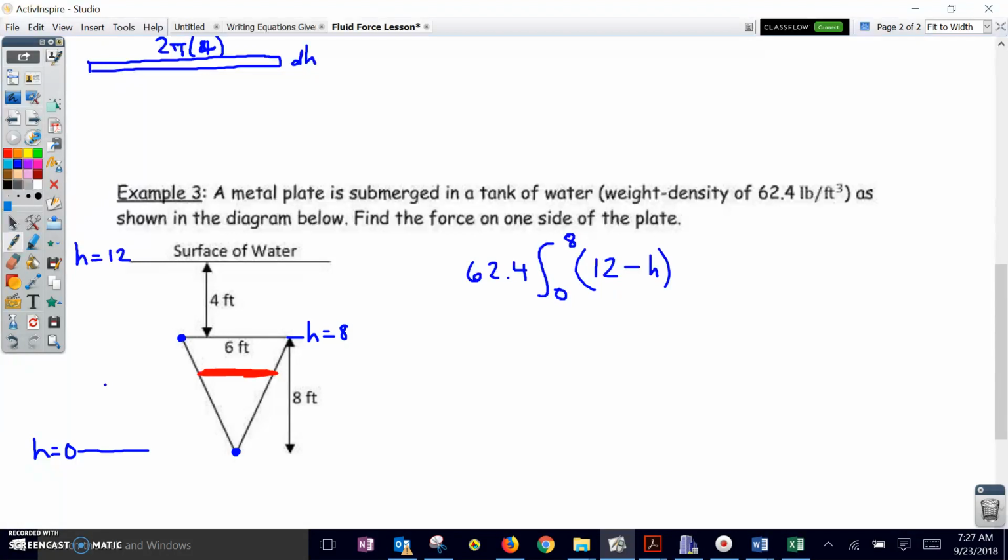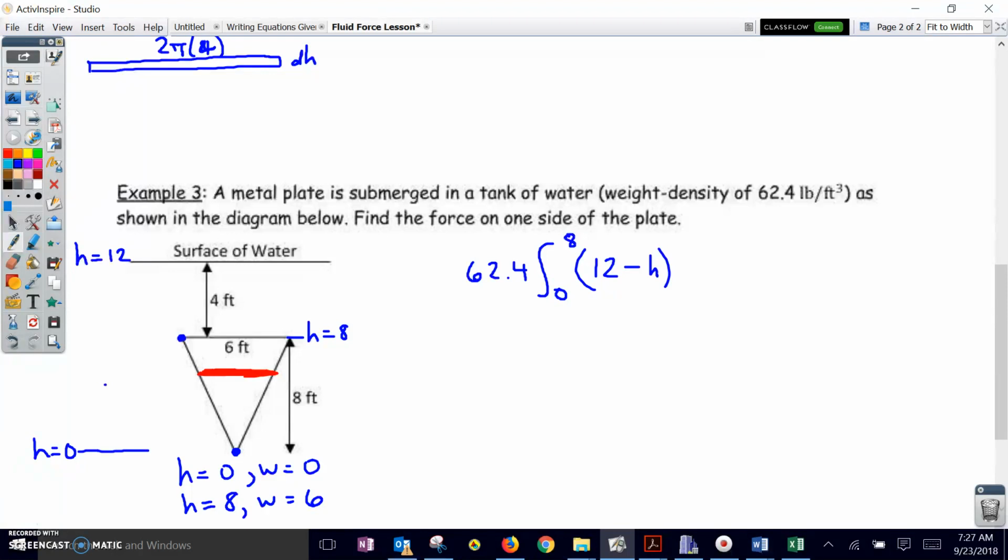And then we need the area of the typical strip. Now, these widths of the strips vary depending on the value of h. When h is 0, the width of the strip is 0. And when h is 8, the width of the strip is 6. And so we can come up with a formula here for the width of the strip based off of the depth or the height of the strip in the water.